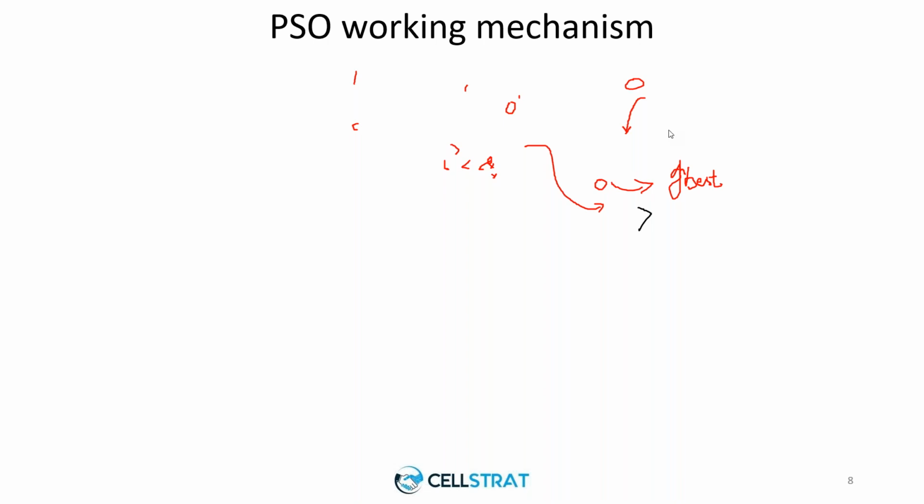Then the global best shifts to another bird, and everybody else tries to shift towards the new global best. So the global best is a moving target itself, and at any step, all others try to move towards the bird which has the global best score. So every bird has a score, and whoever has the global best score, the others try to go towards that one.